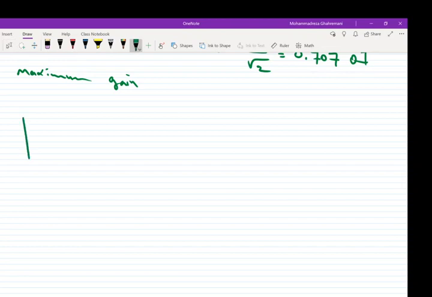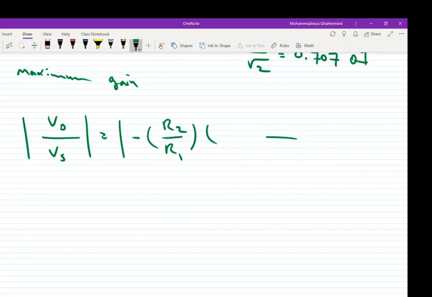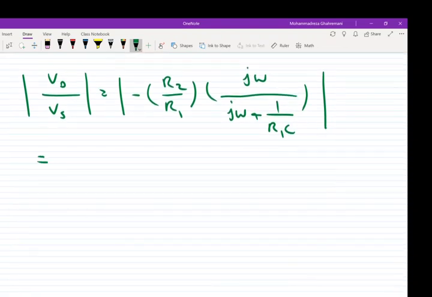We know that the magnitude of the gain is the magnitude of this value, negative R2 over R1, times j omega over j omega plus 1 over R1C.